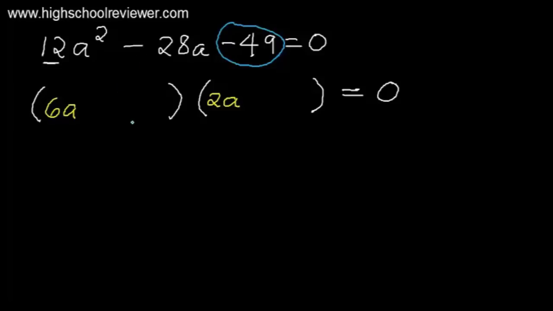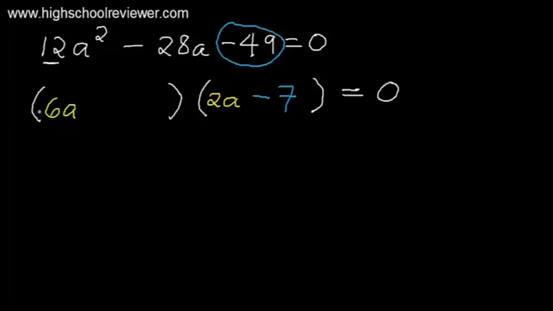Okay, so let us put here the factors. But the factors of 49, they are only negative 7 and positive 7. Okay, so we are going to put negative 7, okay, on our outside term so that it will be multiplied by 6a.